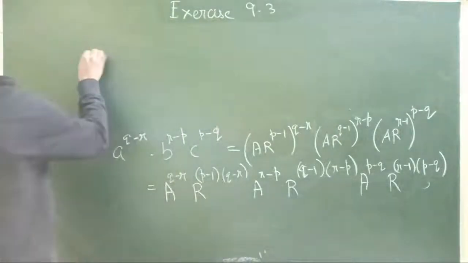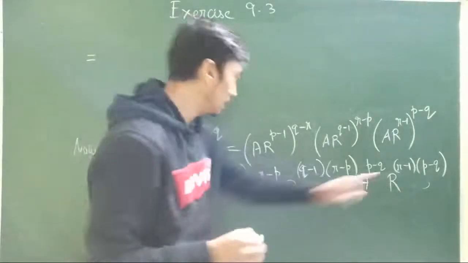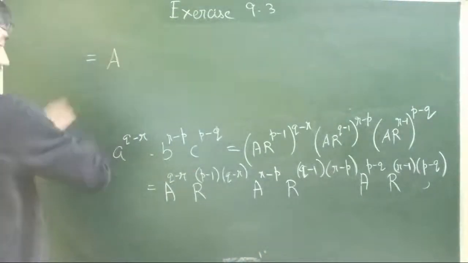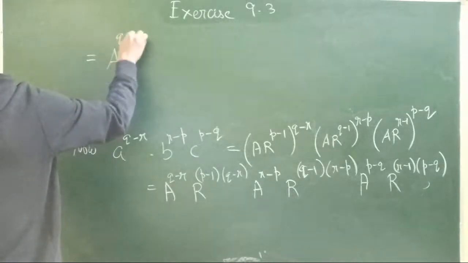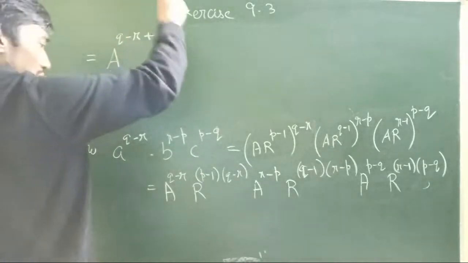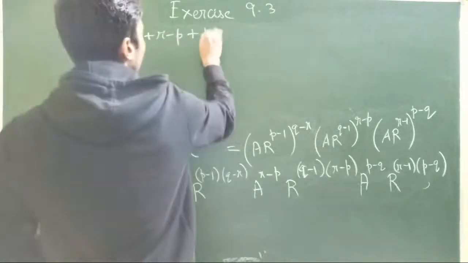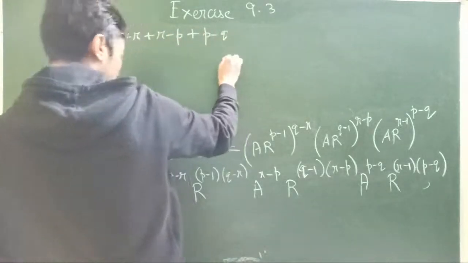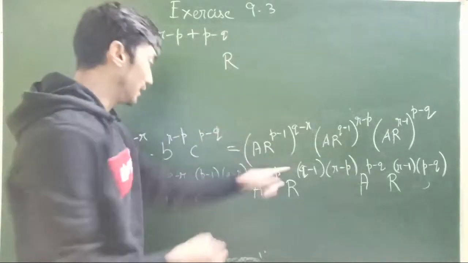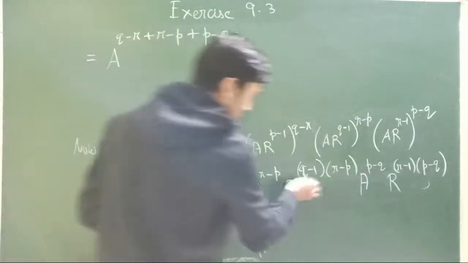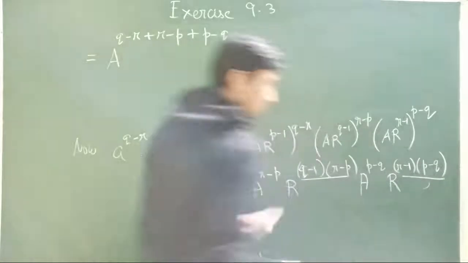Let's simplify this. For A, the common base, we'll add the exponents: A to the power q minus r plus r minus p plus p minus q. Similarly for r, I'll just multiply and add them together.